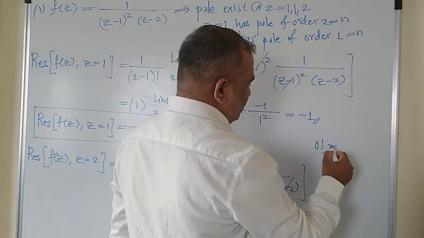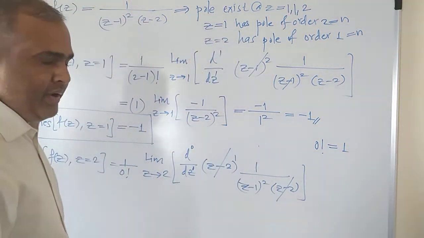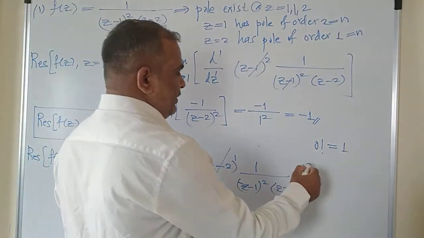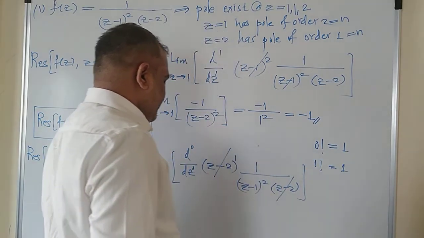remember this very well, 0 factorial is equal to 1. 1 factorial is also 1, 0 factorial is also 1, right?